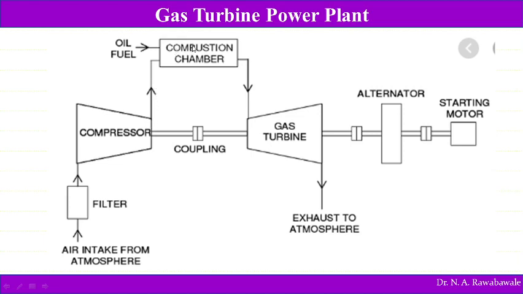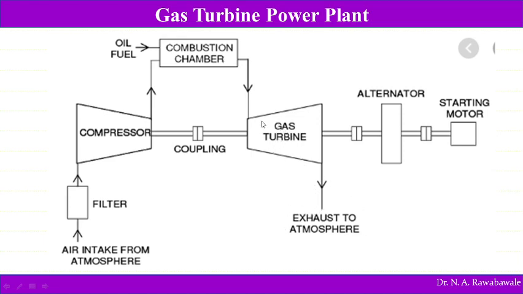In this combustion chamber, the fuel is injected and burned in the presence of compressed air, and the products of combustion, hot gases, are passed into the turbine. These hot gases are at high pressure and high temperature, and when they come into the turbine, they are expanded in the gas turbine, and the products of combustion after expansion are exhausted to the atmosphere.